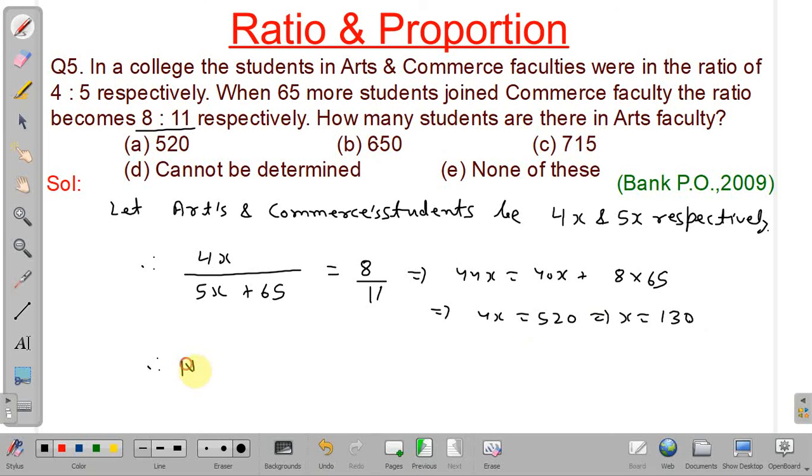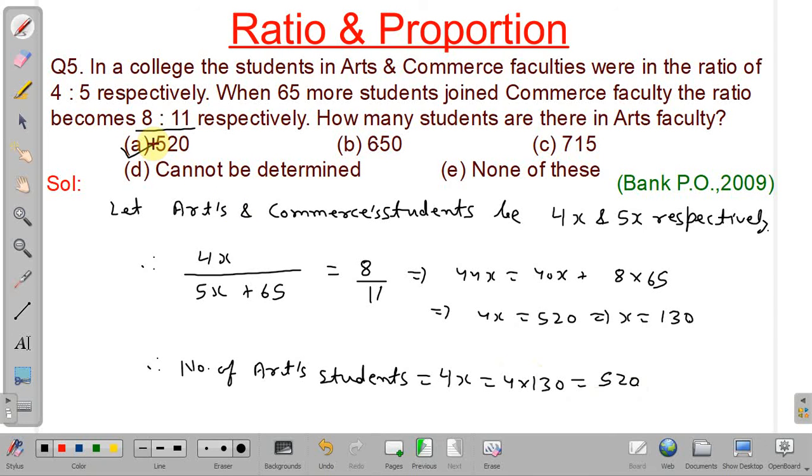Therefore, the number of arts students is equal to 4x, that is 4 into 130, so it will be 520. So our answer will be option number A.